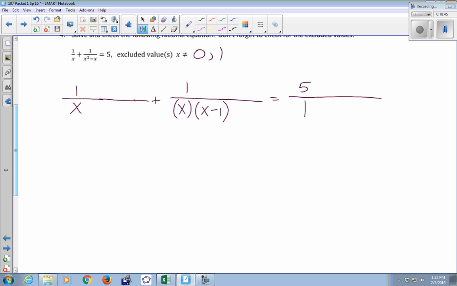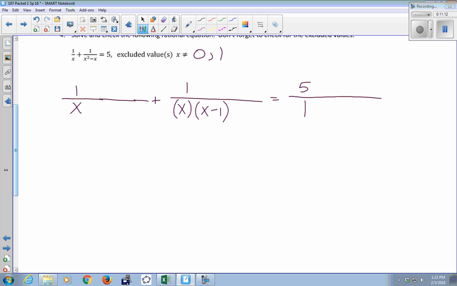Okay, so now I would like to build a common denominator. I need all of them to have the same denominator, and then I can get rid of it. All right, so common denominator. So the way we build it is each fraction looks at its neighbors, looks at the fractions near it, and wants what every other fraction has in its denominator.